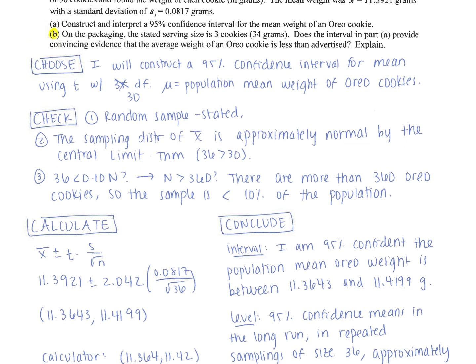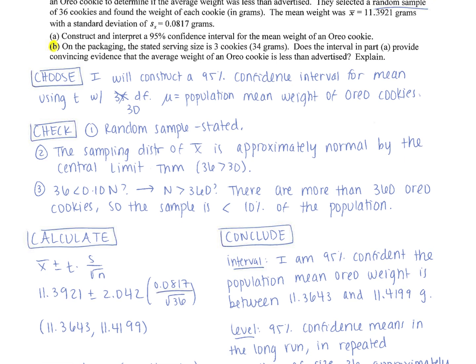Okay, part B real quick. On the packaging, the stated serving size, 3 cookies, is 34 grams. Does the interval provide convincing evidence that the average weight of an Oreo is less than advertised? Less than advertised.